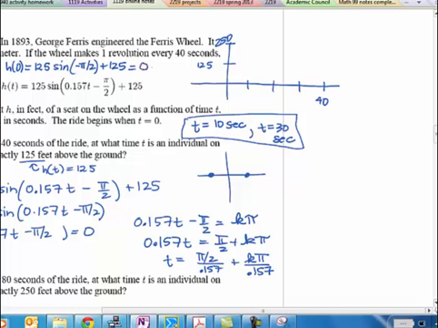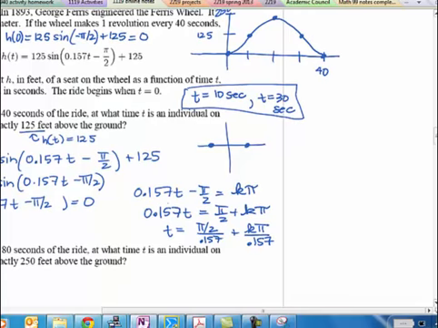So we start at height 0. There's no reflection in this sine graph, so we're going to go up from there. So we could look at this as a shift also, but instead of looking at it as a shift, what I did was just figure out where we are at 0, and so that's what this graph is going to look like, right on the interval from 0 to 40.